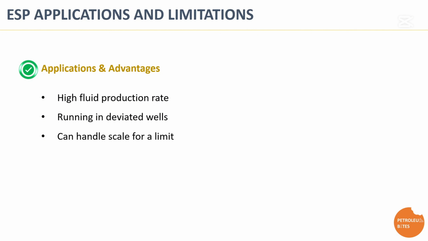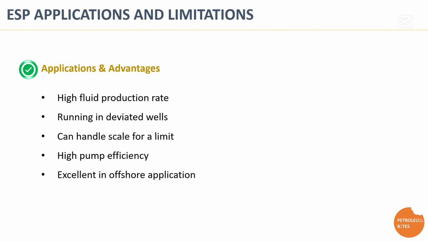It also has a limited capability of scale handling, especially when a mixed flow pump is used or with applying proper chemical treatment. ESPs also provide exceptional efficiency, achieving up to 75%, which is higher than many other artificial lift methods. Moreover, ESPs require minimum surface infrastructure, making them an ideal solution for offshore platforms where space is limited and surface equipment must remain compact.